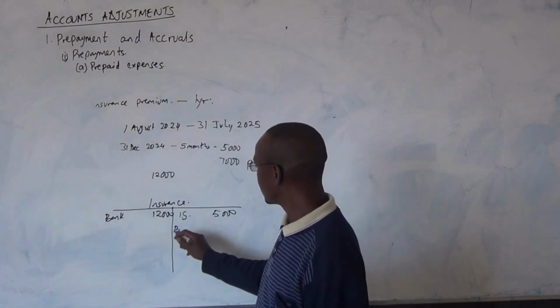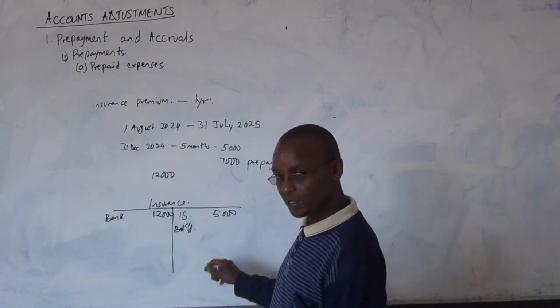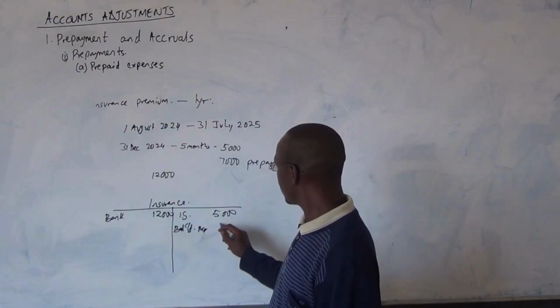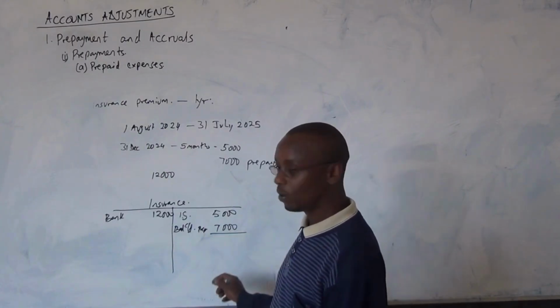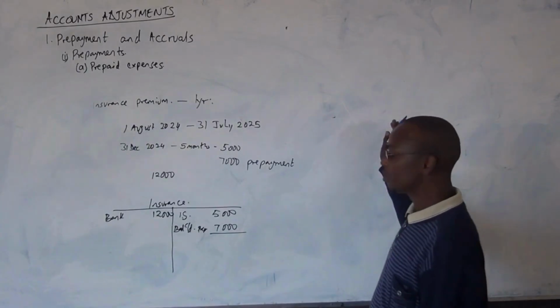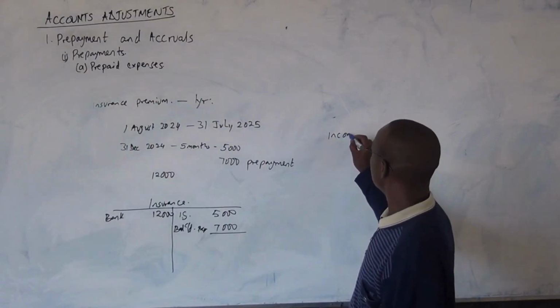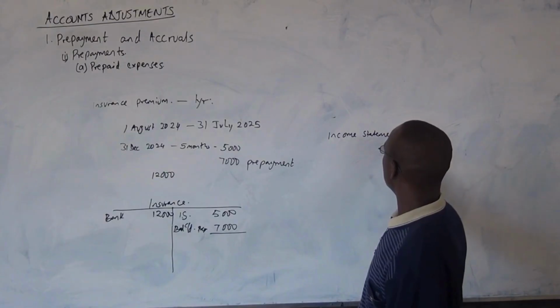Then our balance carried down will be the prepayment. You can write prepayment here, 7,000, so that your account can now be closed. Then when you go to the income statement itself, this is an extract, not a full one.